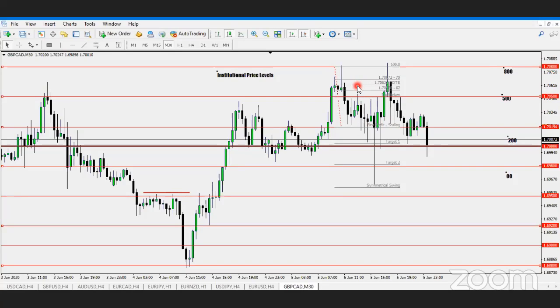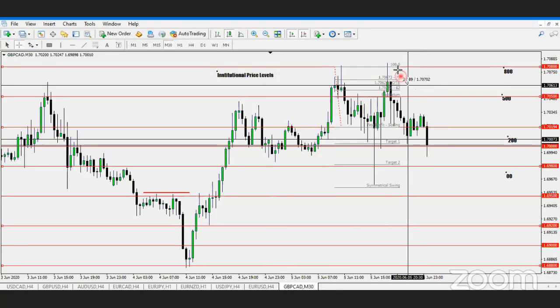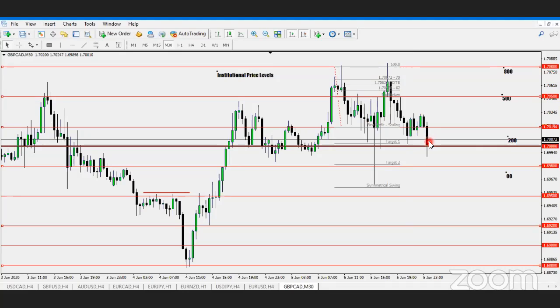Notice we didn't get an entry, but if we were patient, we would have got an OTE fill over here and price maintained our sweet spot between our 79 and our 62. Now, if you take an OTE trade, that is very minimal stop loss or drawdown you would have had for the trade, and you would have been in 50, 40 plus pips of profit. So you can do this basically on any pair.